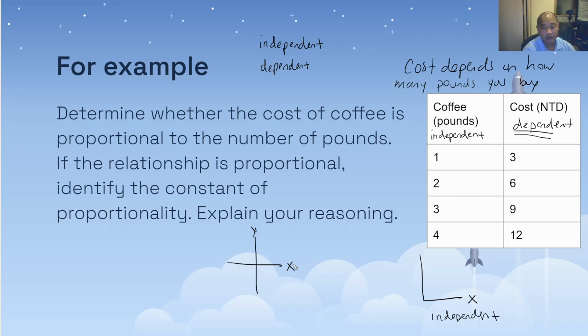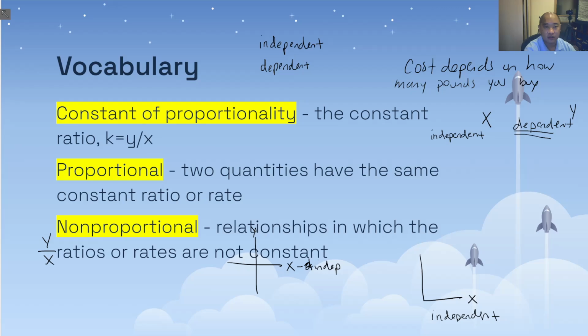I just know that x is the independent. Okay, so independent then is x, cost is y. And remember, y goes on top, x goes on bottom, right? Remember that from the previous slide here? K equals y over x.